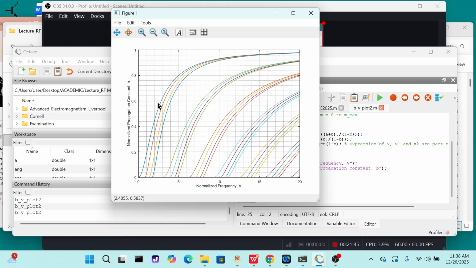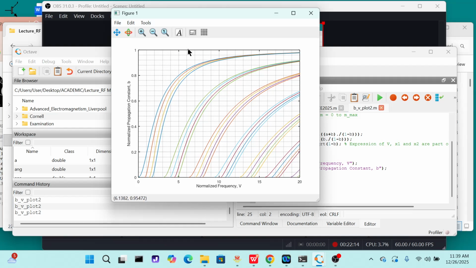For example, the blue one here is for A equal to 0, and the red one here is for A equal to 1, and the yellow one here represents A equal to 10, and the bottom one, the last one, A equal to 100.